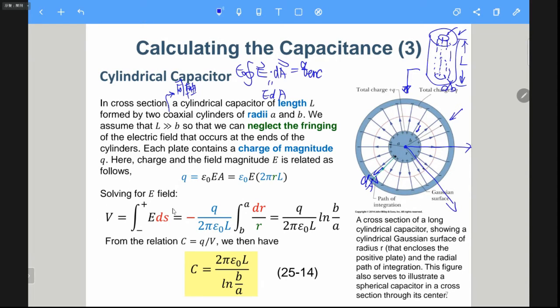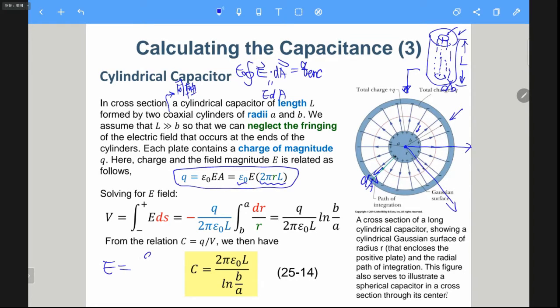Then for the V, we still use this expression, but the E is not uniform. Actually, E equals, let's see, from this one, we just put this part and this part to the left side.